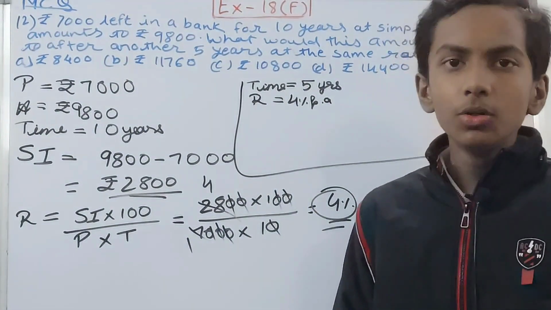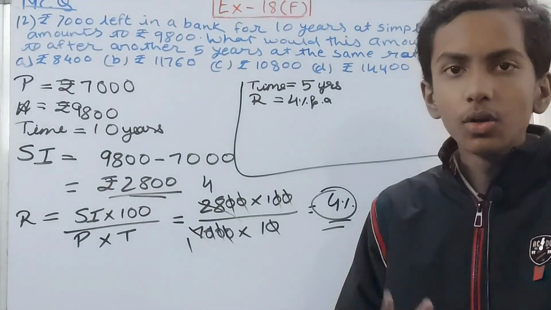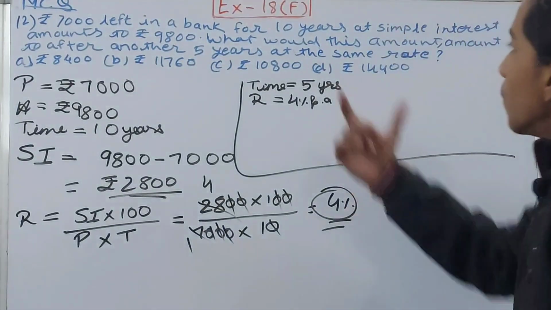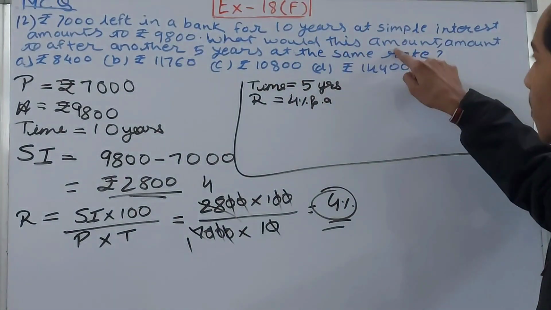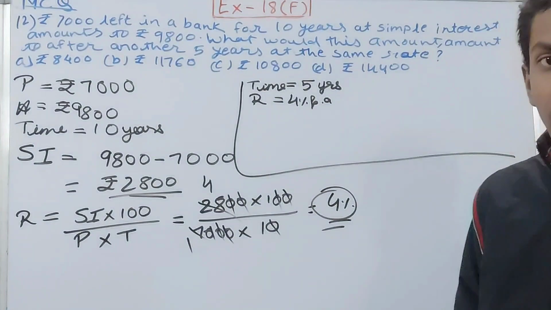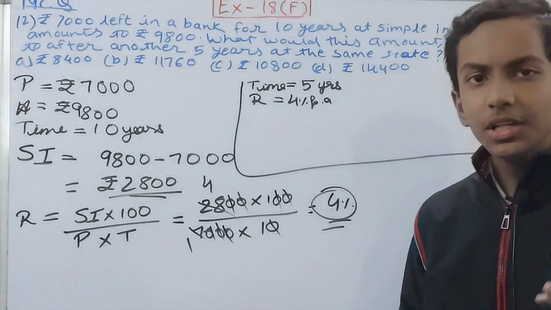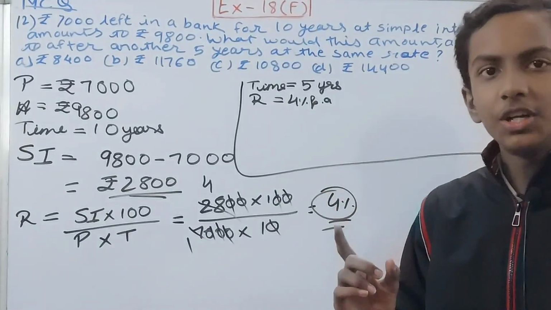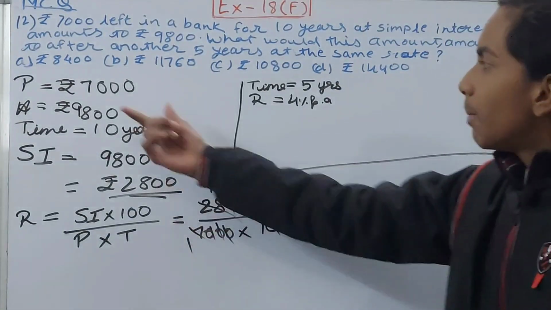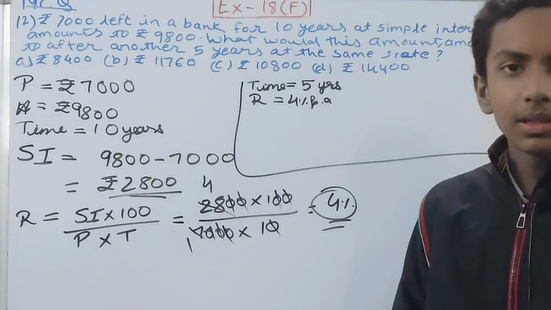Now understand the question. What most of you will do is take 7,000 as your principal, but no. It says what would this amount to, not this principal, but this amount, which is principal and simple interest combined. Our amount was 9,800, and this is where most of you make the mistake.